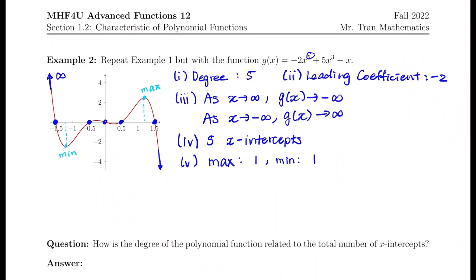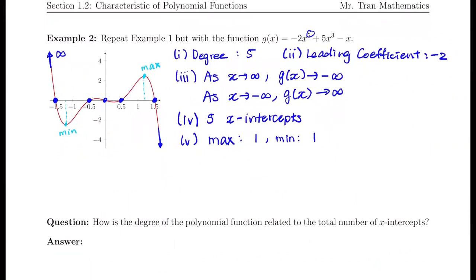Now, what about the locals? So we could also have a local maximum and a local minimum as well. So these ones would also be considered as local as well. So local, and this one would also be a local. Okay, so let's see the local max here.